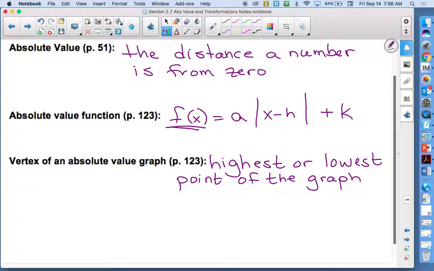So the vertex is either the highest or the lowest point of the graph. And there are a couple of different graphs that we'll look at that have vertex values. So if a graph looked like this, the vertex would be right here where the 2 lines are meeting.